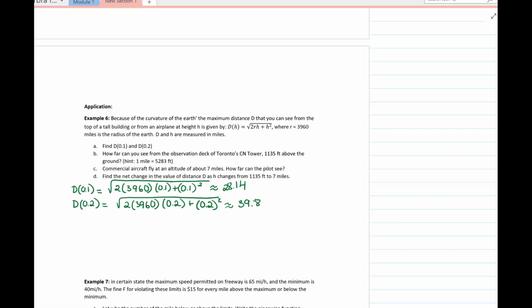How far can you see from the observation deck of the Toronto CN Tower? That is 1,135 feet above the ground.